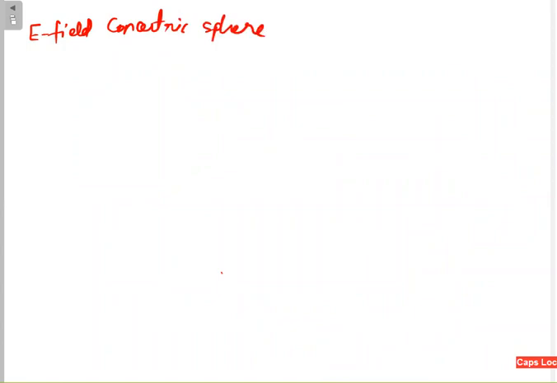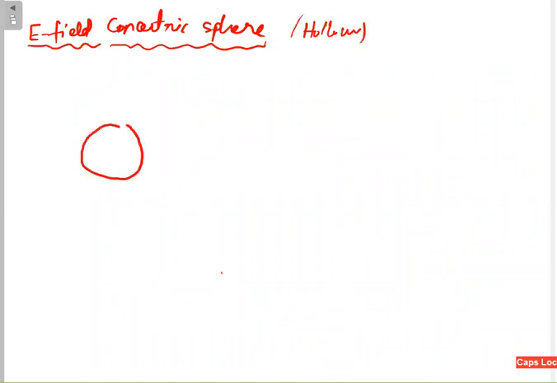First I take the hollow type concentric sphere. Hollow in the sense, say for example, this is my conductor. Because it is hollow, the charges are present on the surface.